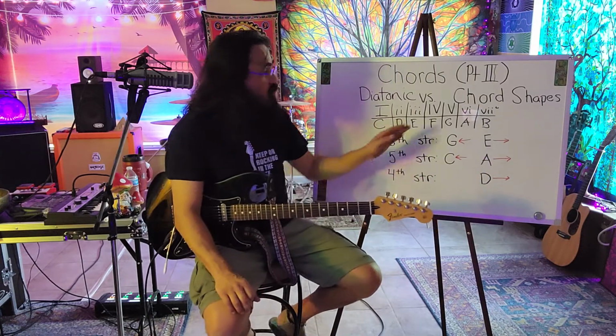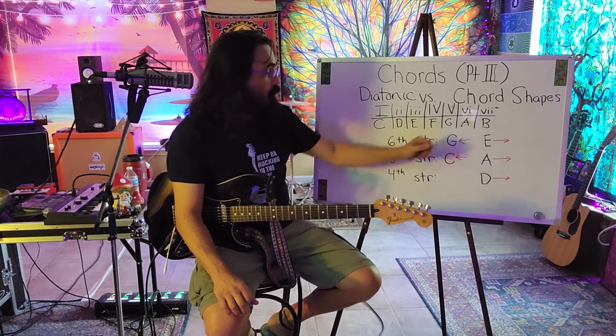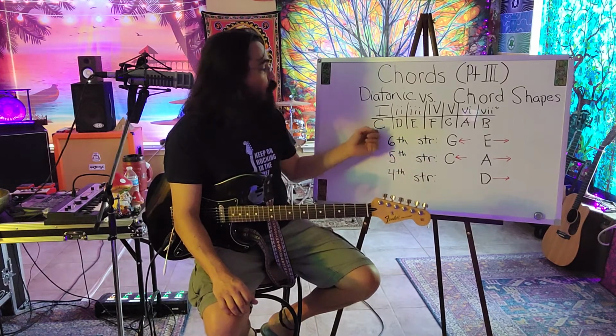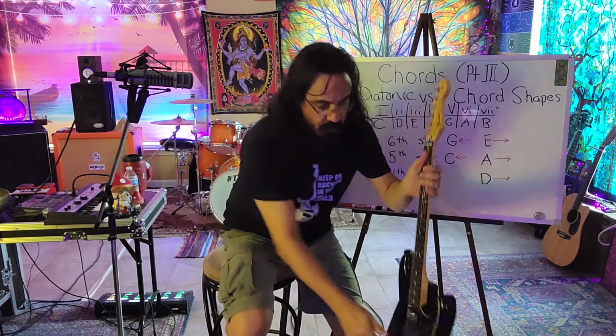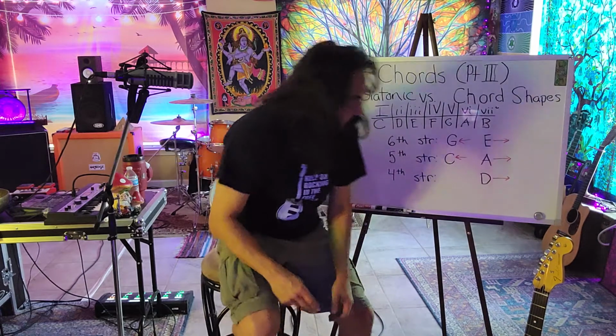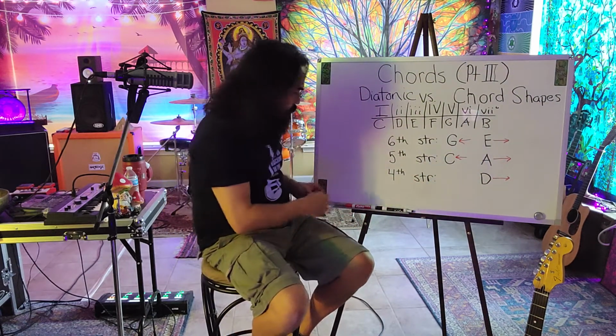So we did those focusing on the major chords, the 1, 4, and the 5. So in the key of C, 1, 4, and 5 are the C, F, and G. So what we're going to do today is learn how to apply this idea to minor chords, okay?